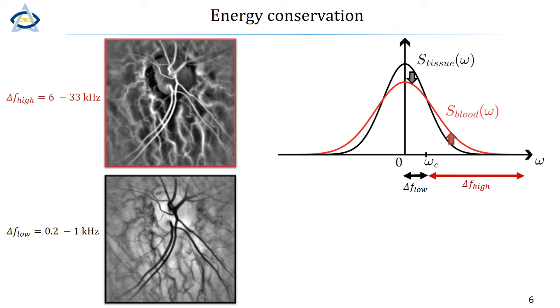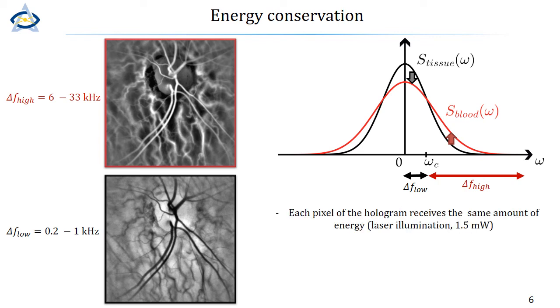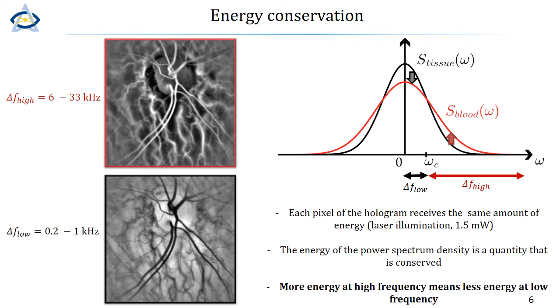Thus, the power spectrum density of light scattered in tissue is greater, and thus vessels are darkly contrasted because the power Doppler is lower. We say it's energy conservation because each pixel of the field of view has received the same illumination, the same energy from the laser, and this energy should correspond to the total area under the power spectrum density curve. And it's something that should be conserved.